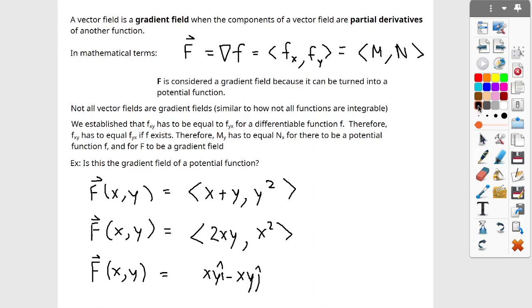Now, the first definition of this chapter is the gradient field. What's a gradient field? Well, what's a gradient, first of all? Gradient is this right here. When you have a function f of x, y, or f of x, y, z is equal to like 2x plus y, the gradient of f is the partial derivatives 2 and 1.